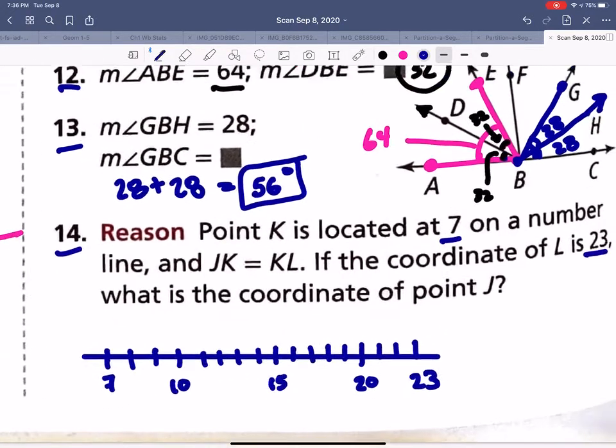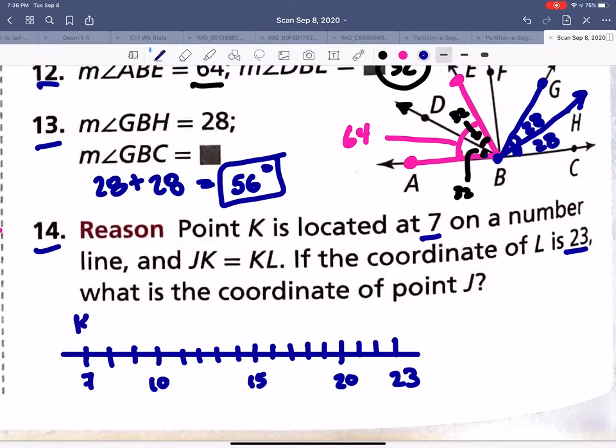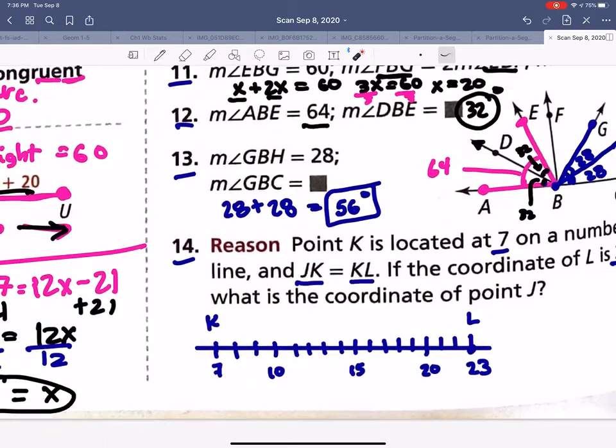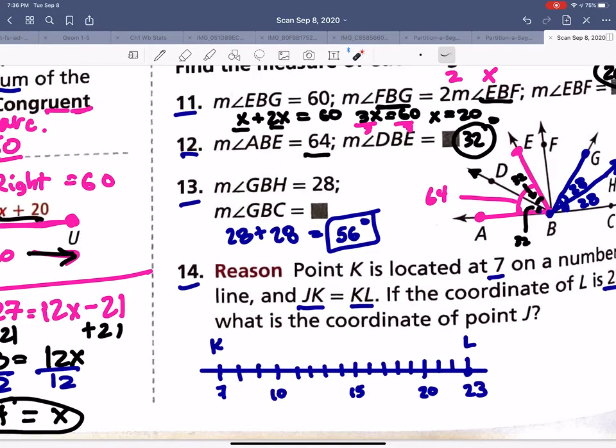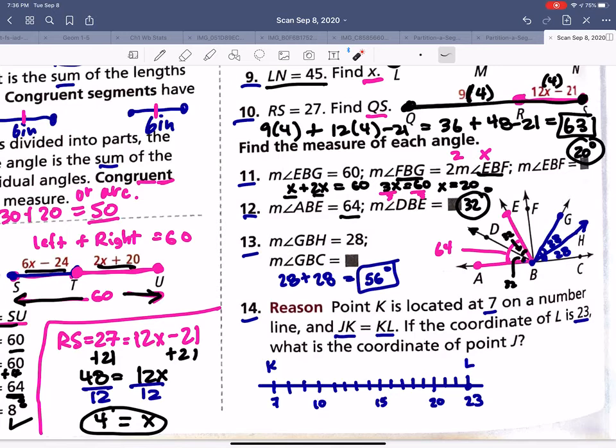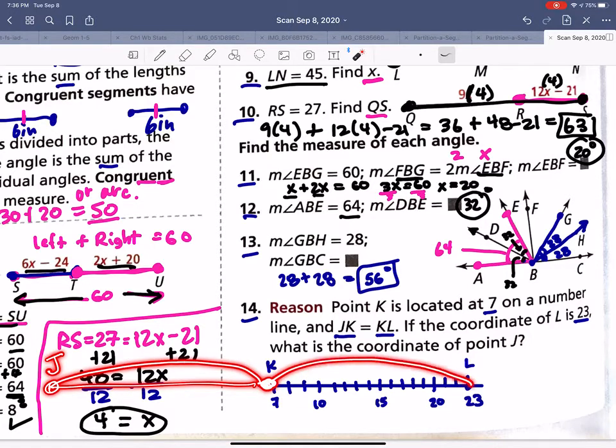It says point K is located at 7 and point L is located at 23. JK is equal to KL. Okay, so that must mean that J must be over here, right? J must be over here because JK is equal to KL.